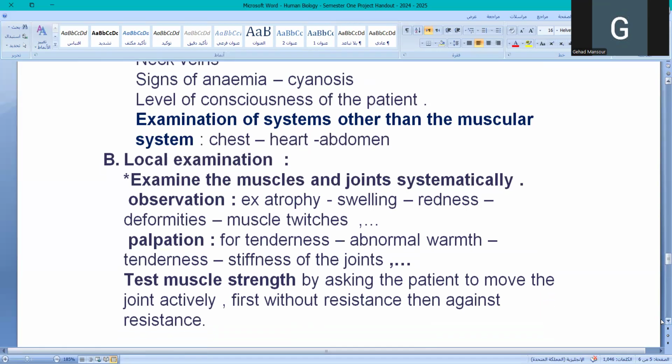Central cyanosis differs from, as you know, peripheral cyanosis, where you have bluish discoloration of the nails due to cold weather or due to a poor peripheral circulation. As we said, central cyanosis might be associated with clubbing of the fingers, and you can refer to the PowerPoint presentation of the integumentary system. This wasn't last year. This will be studied this year, inshallah.